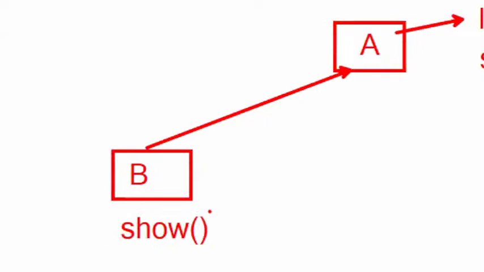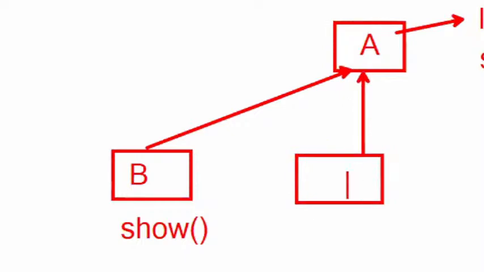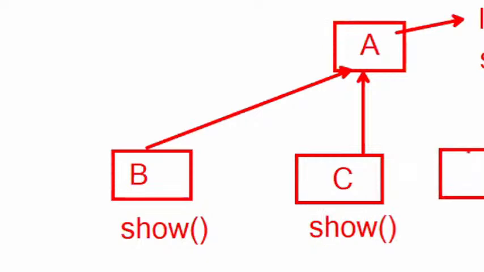Okay, I overrode it. Suppose there is one more class, C class. Is it compulsory to override the show method? Yes. One more class, D class: show method. Okay.